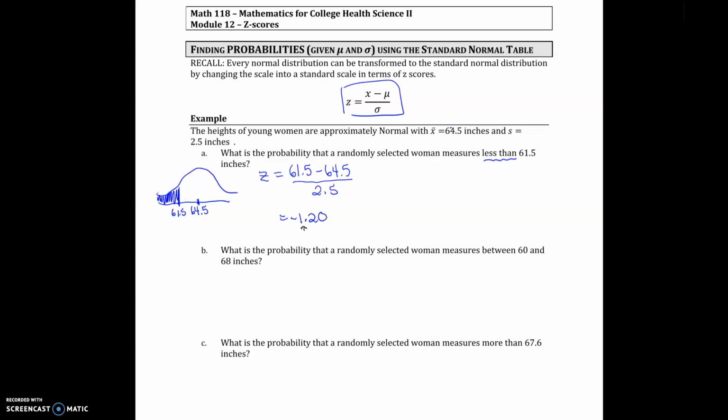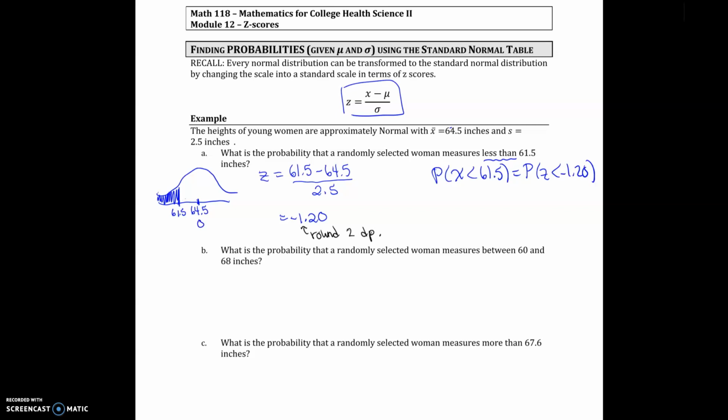I'm going to round to 2 decimal places where necessary because that's the precision I can look up in my probability chart. So finding the probability that a random woman is less than 61.5 inches tall is the same as figuring out the probability that a z-score is less than negative 1.20.